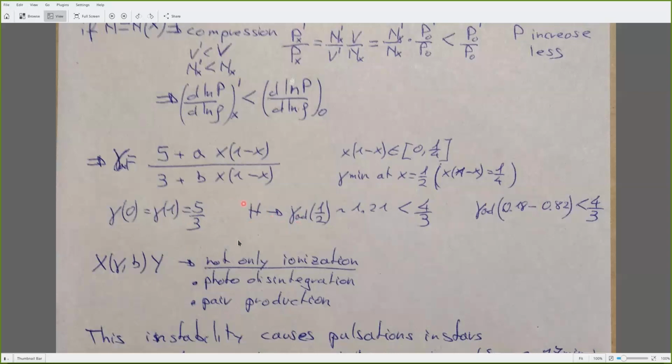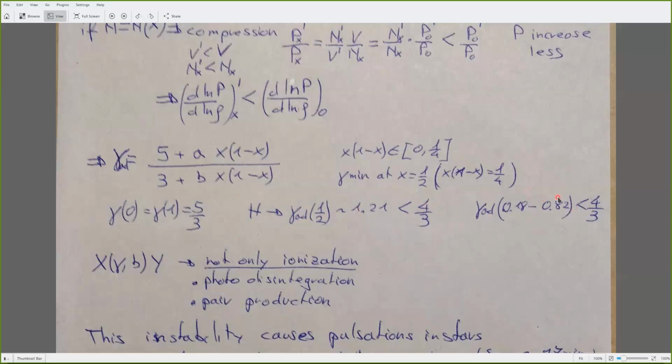If you consider just hydrogen, you can see the adiabatic coefficient with the half ionization. The gas is half ionized, half not. We have the adiabatic coefficient 1.21, that definitely is smaller than for thirds, 1.33.